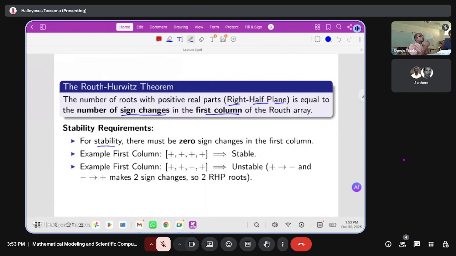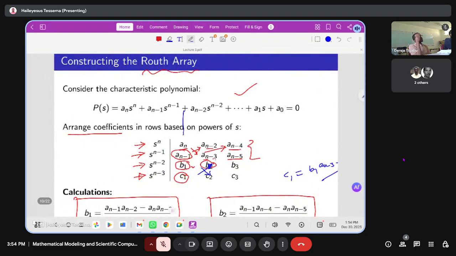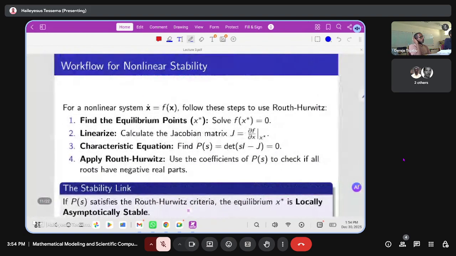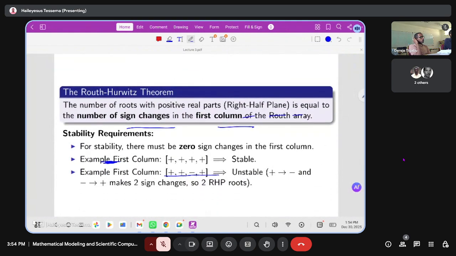The equilibrium point is stable if there is no sign change in the first column, which means the Jacobian has negative eigenvalues, so the characteristic polynomial has negative roots. So if there is no sign change, it is locally stable.